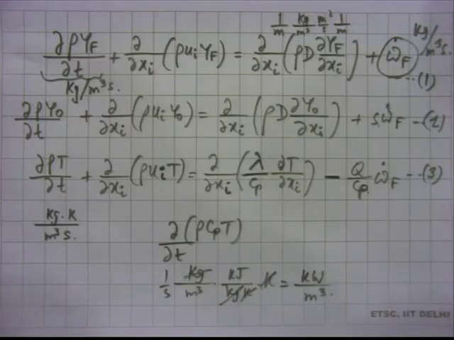So that's why you have Q into omega dot F. Omega dot F is kg per meter cube second, and Q should be kilojoule per kg, because that's energy release per unit mass of fuel. So kilojoule per kg multiplied by omega dot F, which is kg per meter cube second, will give you kilowatt per meter cubed. Fine. So this sort of checking is important.